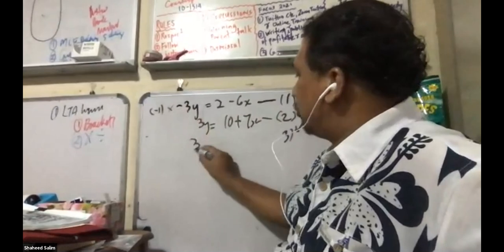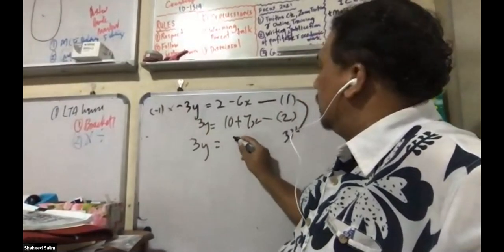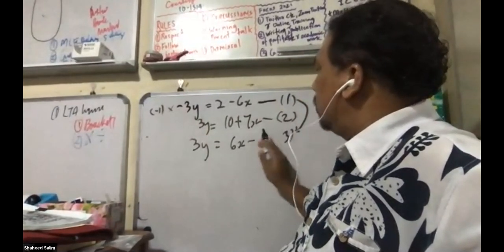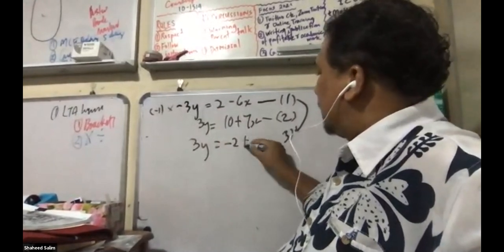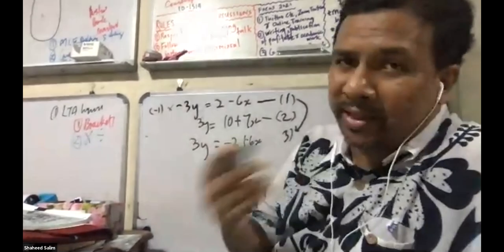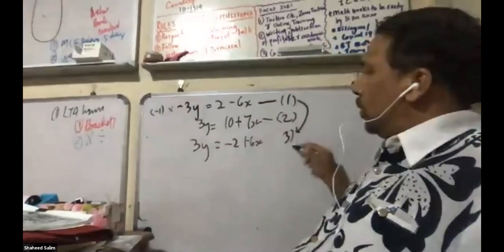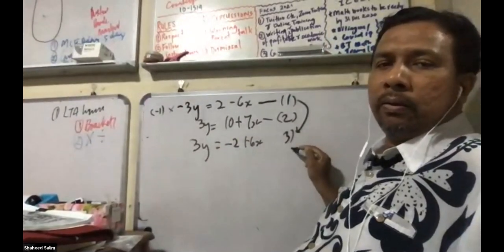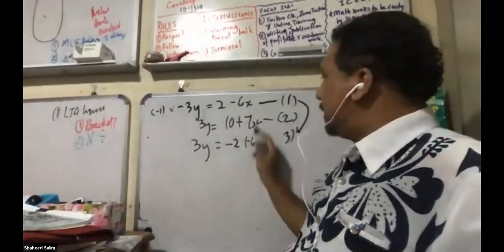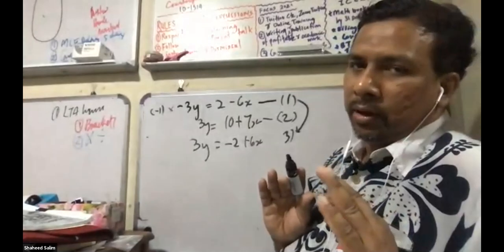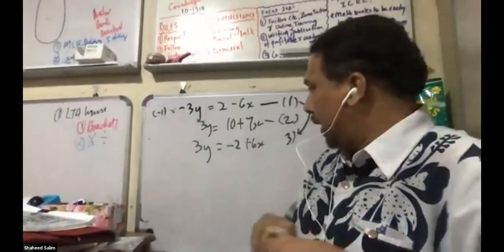It becomes plus 3y equals to 6x minus 2. Or you just do the opposite, minus 2 plus 6x. It becomes the opposite sign. This part, do you understand? Only then you can say this is equals to this. All right? So be careful on that.